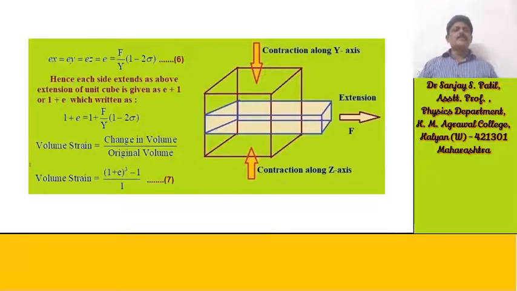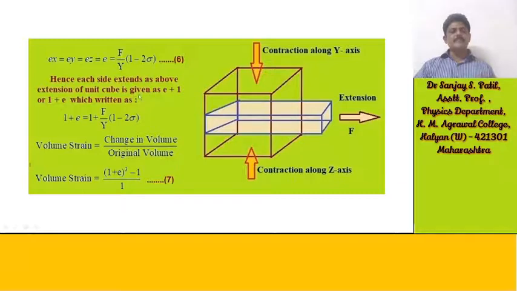Ex is equal to Ey is equal to Ez is equal to E, which is equal to capital F divided by Y into bracket 1 minus 2 sigma. Suppose this is equation 6. Hence each side extends as above.